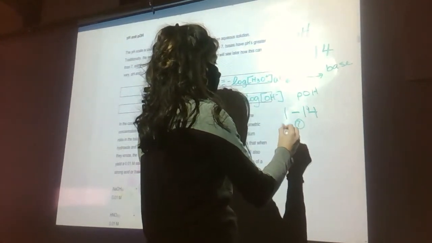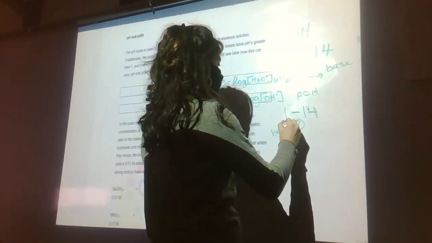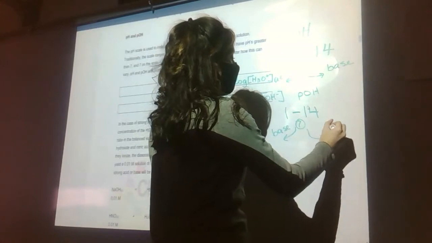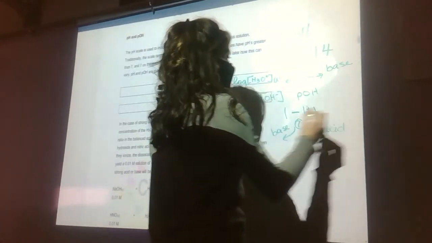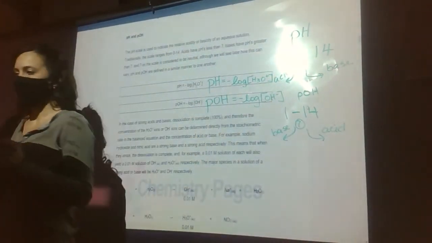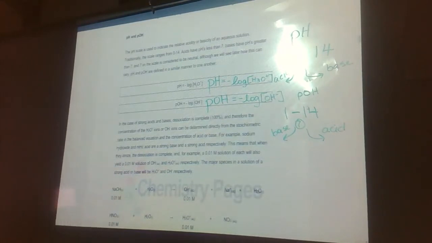But now less than 7 means it's a base, and greater than 7 means it's acidic. The more hydroxide something has, the more basic it is. Questions so far?